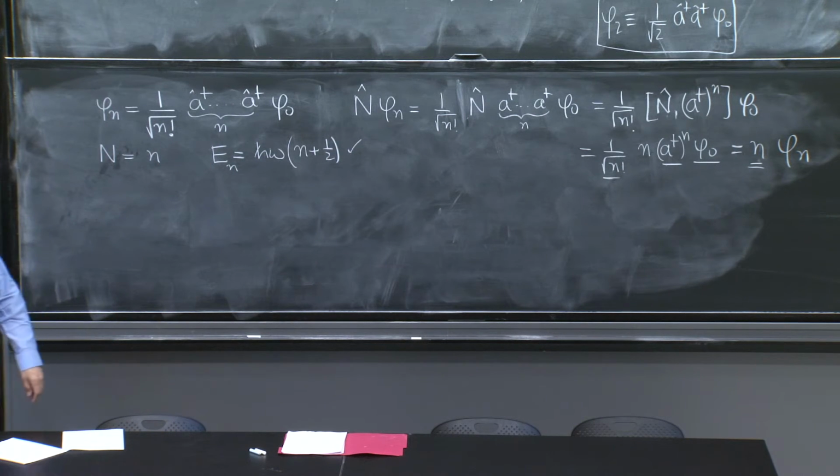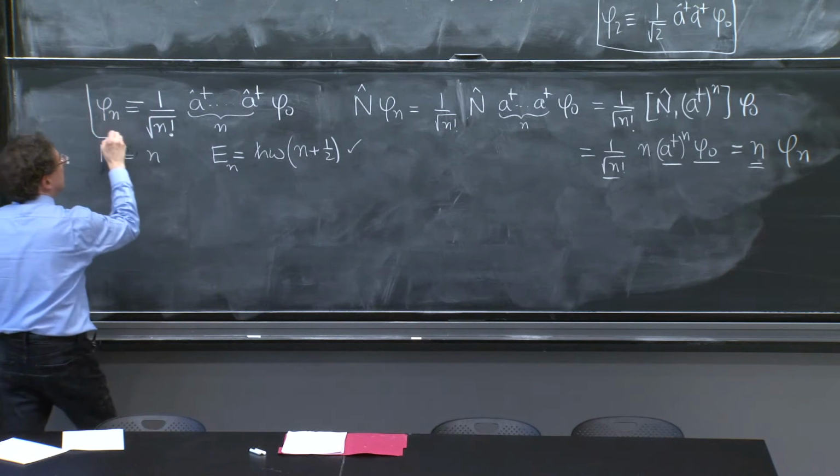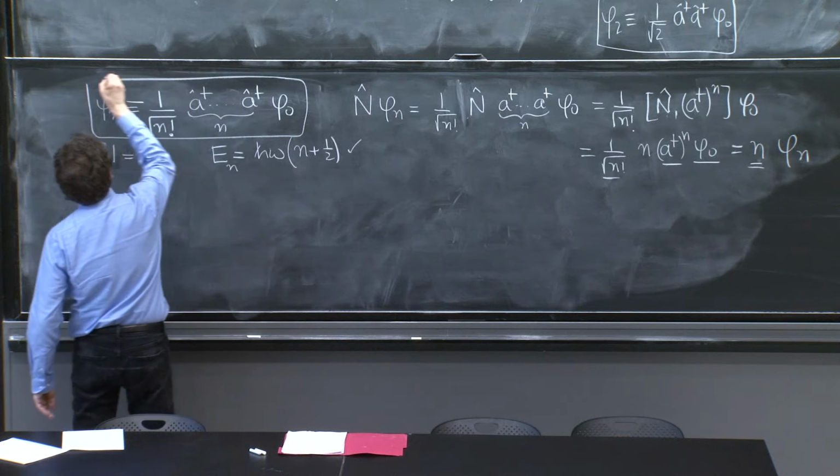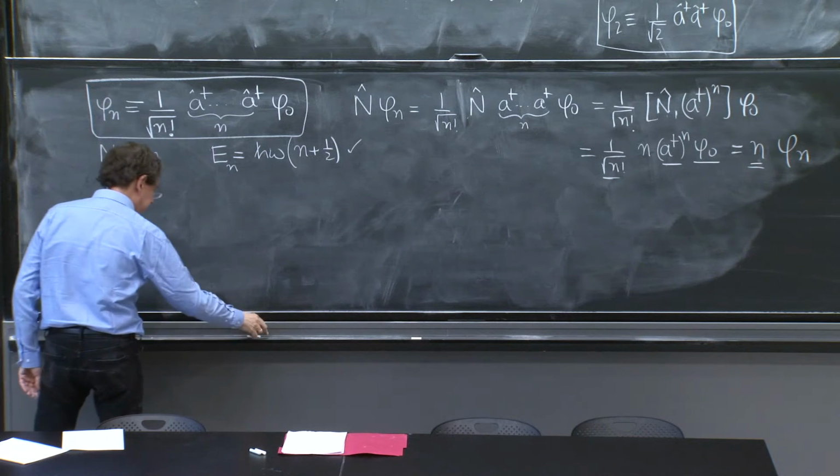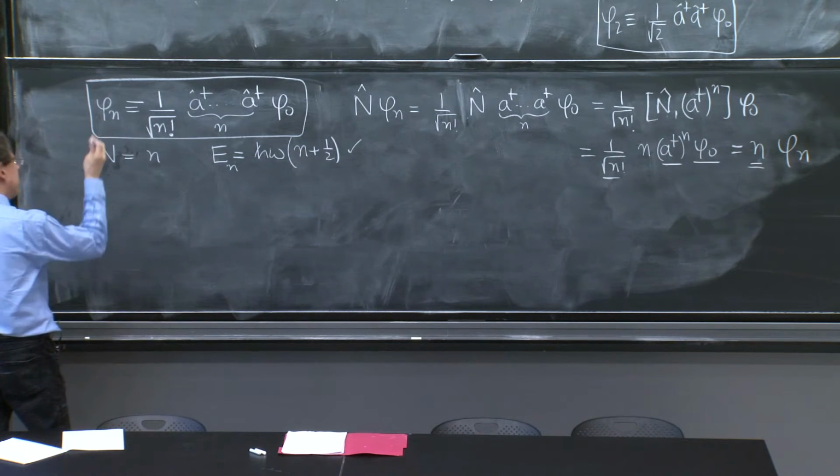So it is the energy eigenstate of number little n. This is the definition. And the last thing you may want to check is the normalization. Let me almost check it here. No, I will check.